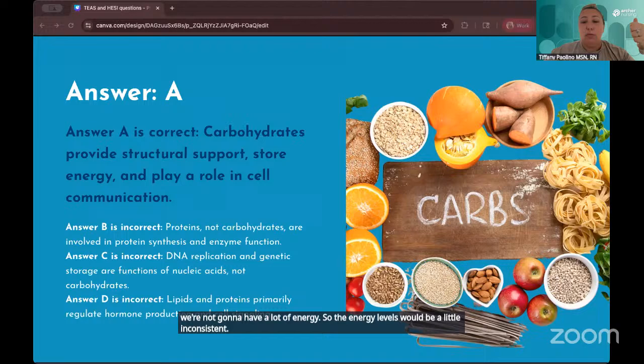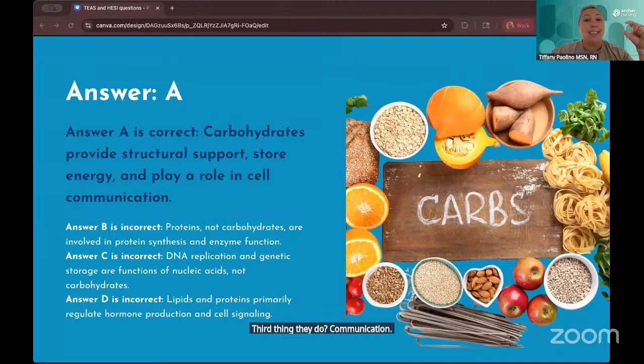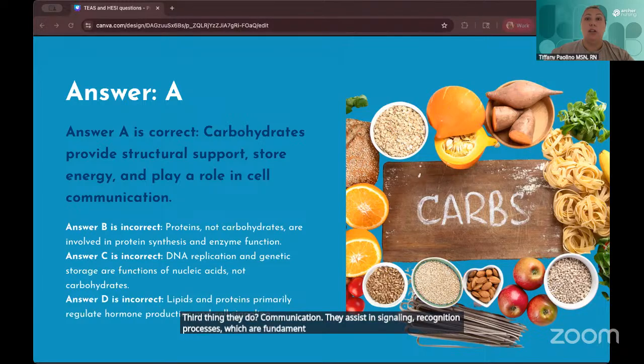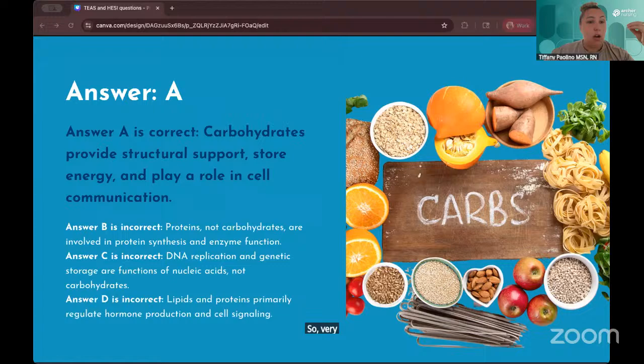Third thing they do, communication. They assist in signaling and recognition processes, which are fundamental in cellular interactions. Carbs are super important. They support, store energy, and play a role in communication. Now, proteins, nucleic acids, and lipids have their own roles in the body.